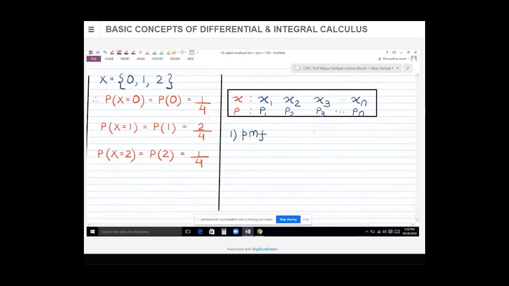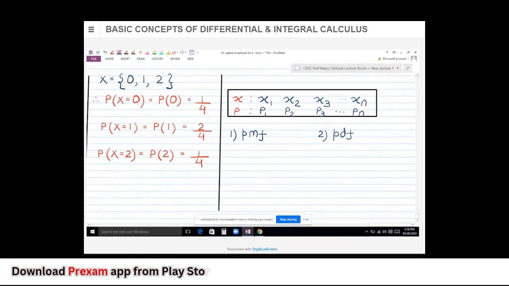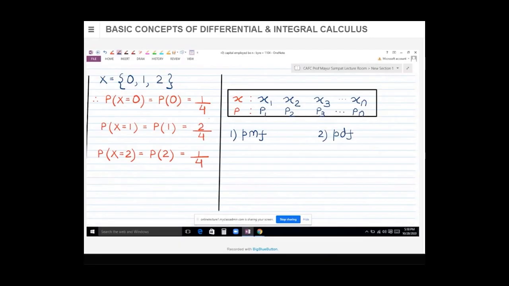These are the two types of probability distribution.